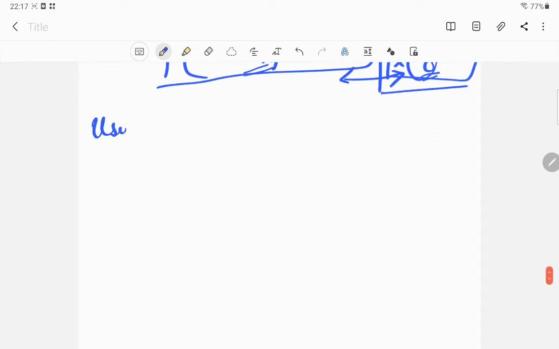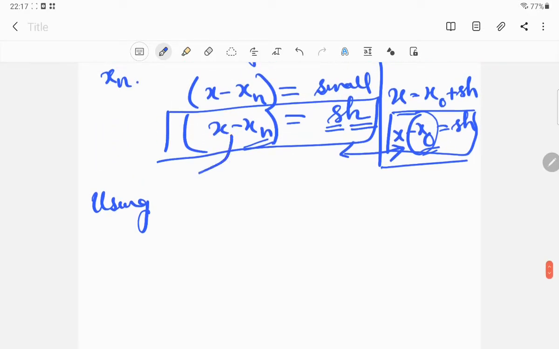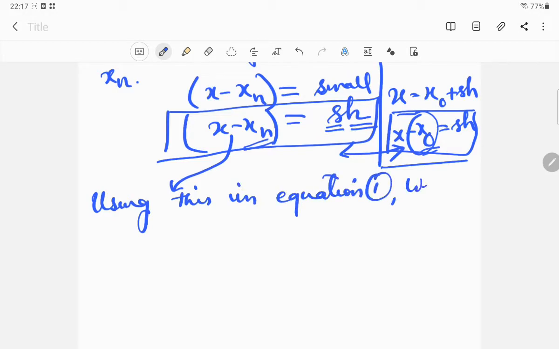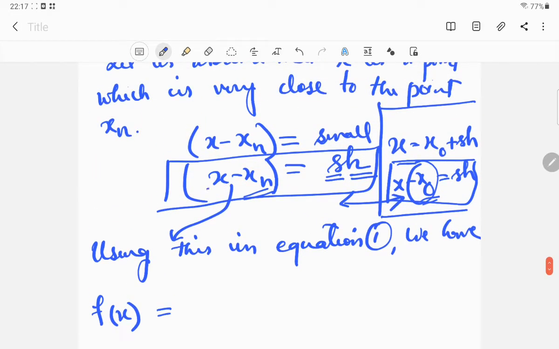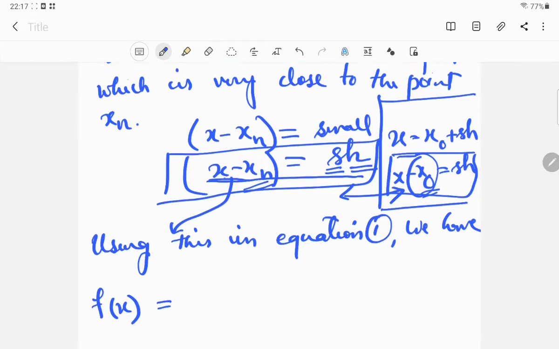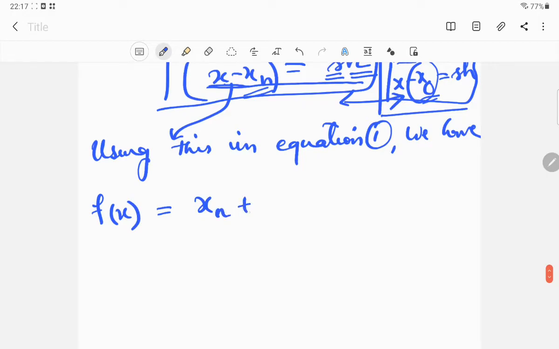Using this in equation 1, what do we have? Simply we had f(x), isn't it? Since x minus xn equals sh, x will be equal to xn plus sh.